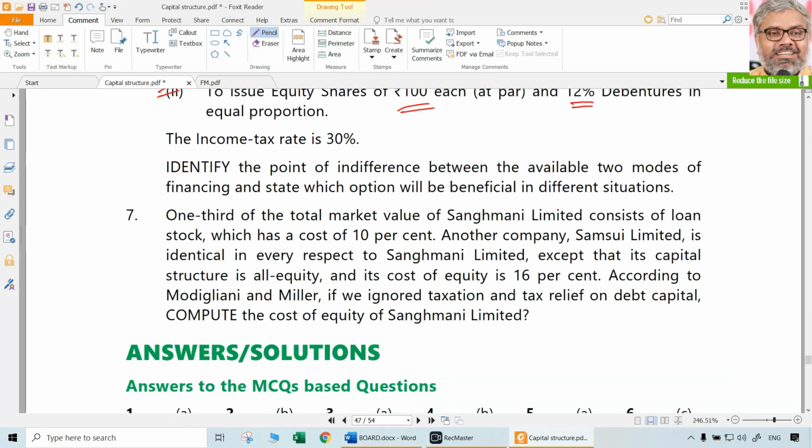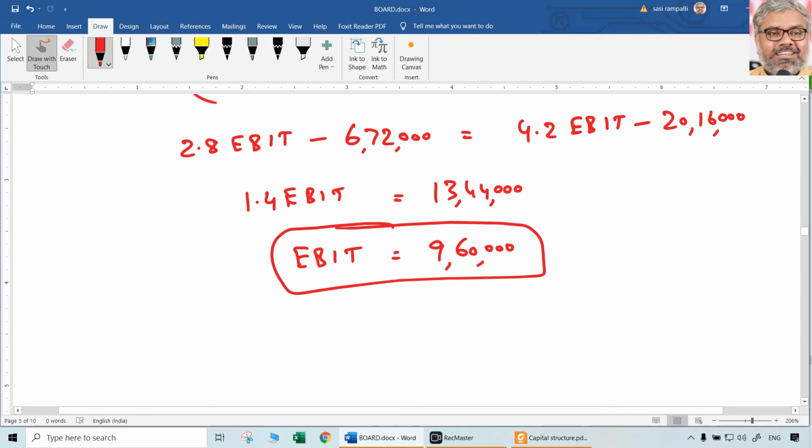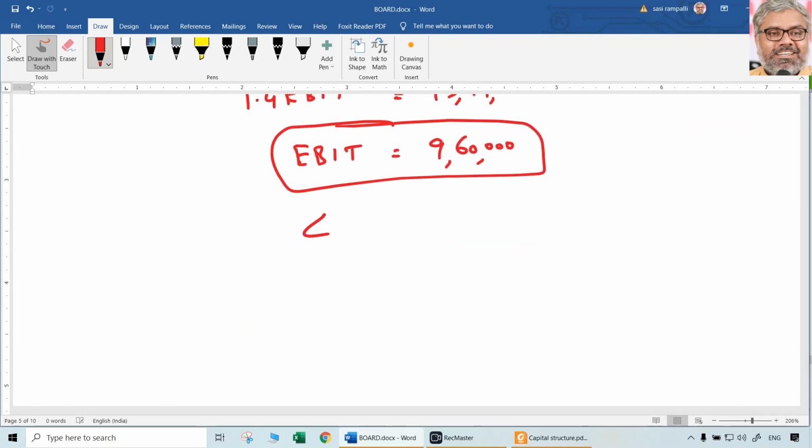Now, what is also asked is which option is beneficial in different situations. Different situations could be what? If EBIT is less than 9,60,000, which option is better? If EBIT is exactly 9,60,000, both options are the same. If EBIT is more than 9,60,000, which option is better? Normally, when EBIT increases, more debt also will become good.